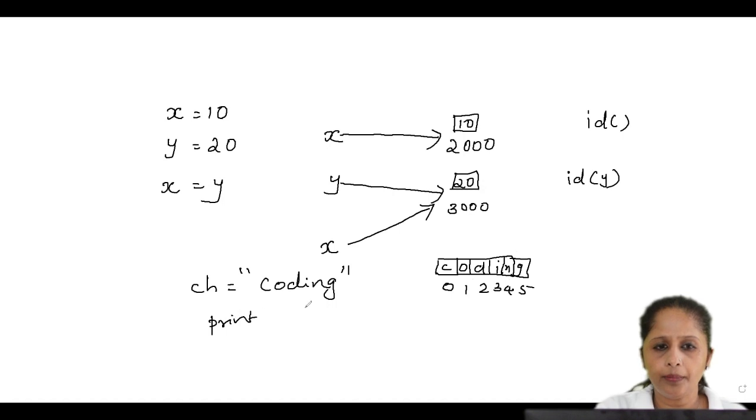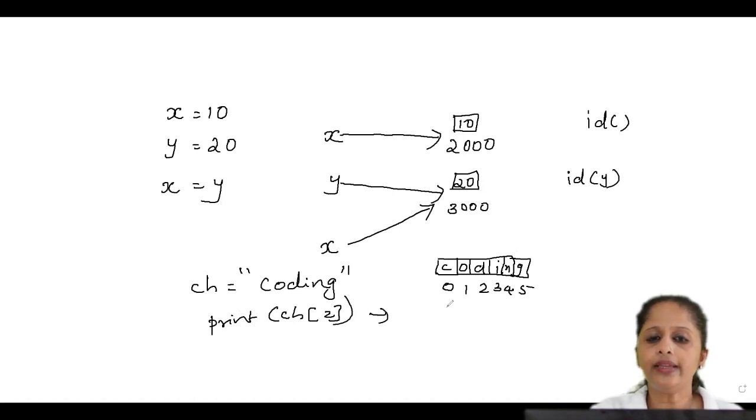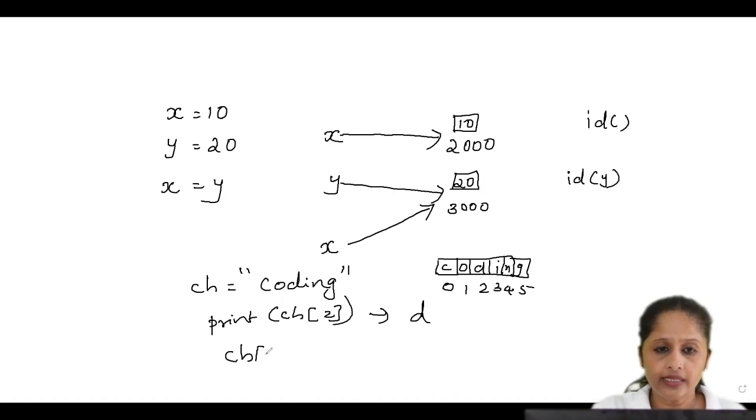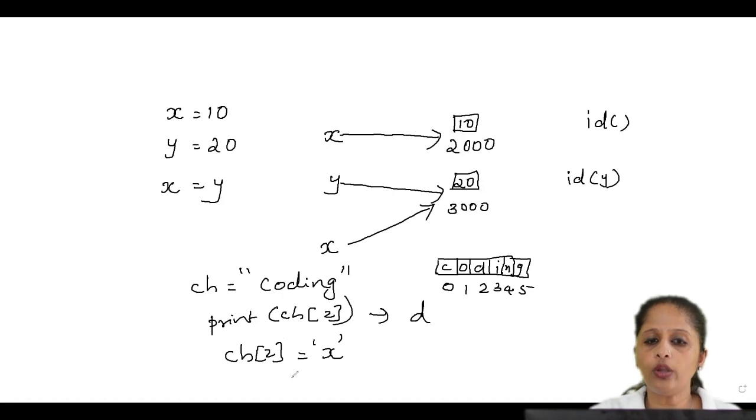If you print ch of 2, you will get the answer D, because in the second location we have D. Then if you write ch of 2 equal to X, instead of D I want X, and run the program, it will show an error because the value cannot be changed.